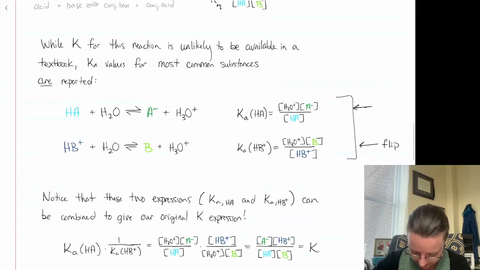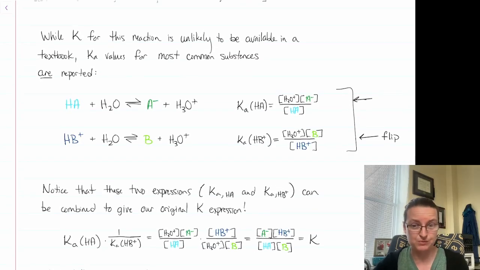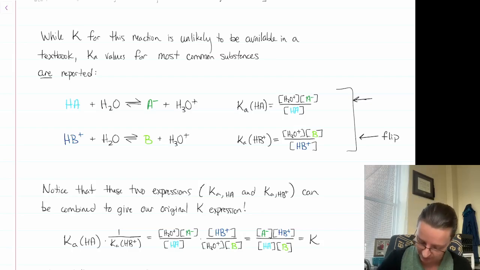And so in order to get back to the original K expression we were looking for, it turns out that K is equal to Ka, the acid dissociation constant for HA, our acid reactant, divided by Ka for HB+, which is another way of saying that whatever the conjugate acid is for your base that you start with, that's where we get that value from.